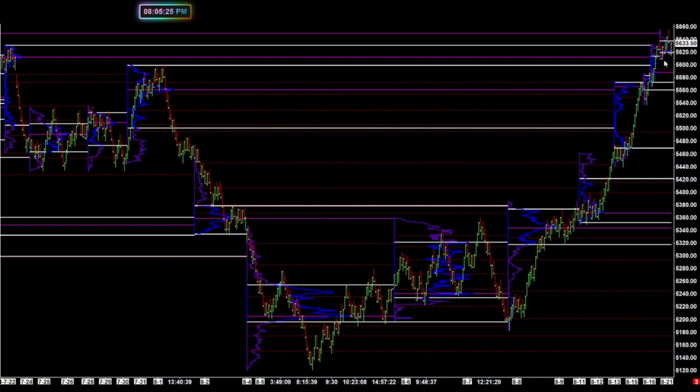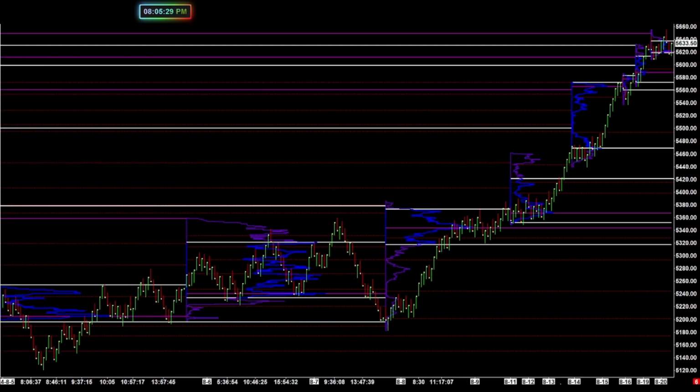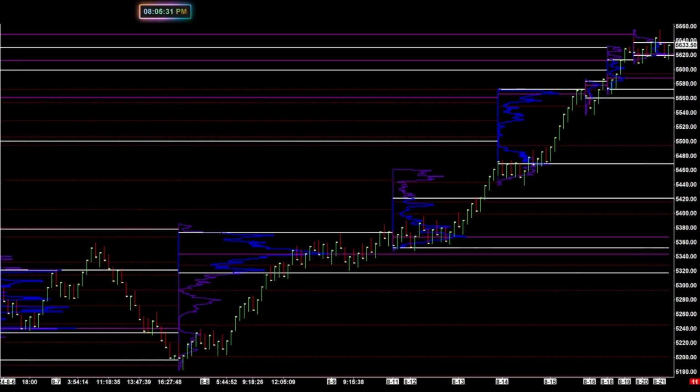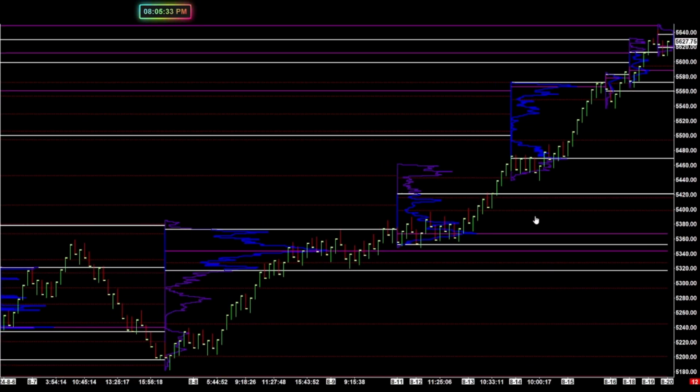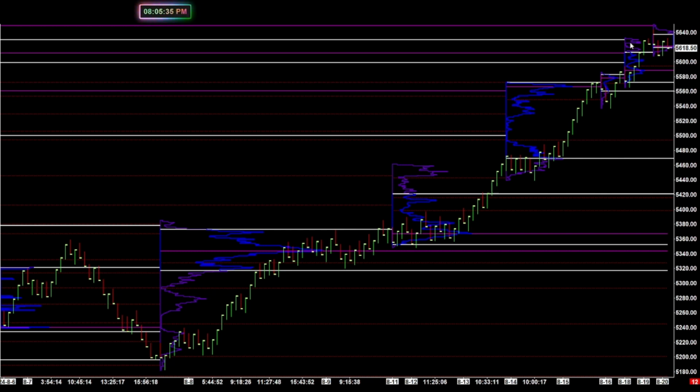And then to the downside, here, let's zoom in a bit more. Okay, to the downside, we have this kind of thin support here.